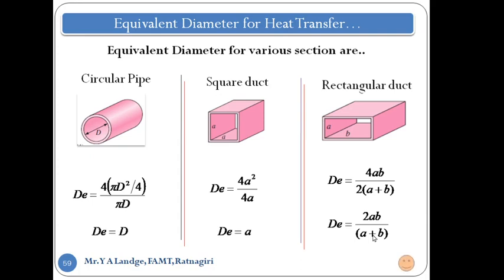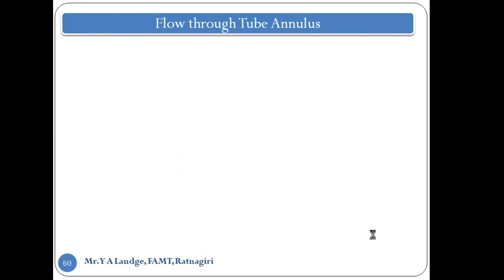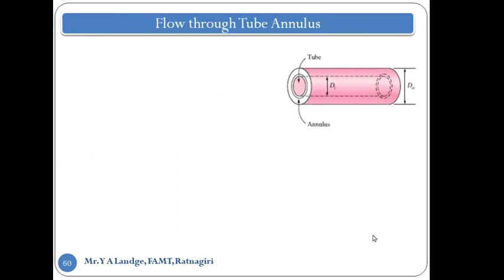Okay. Now let's see if you want to calculate the D equivalent for the outer pipe. Let's consider one tube, the fluid is flowing through the tube and another fluid is flowing through the space between these two pipes, which we call the annulus flow.